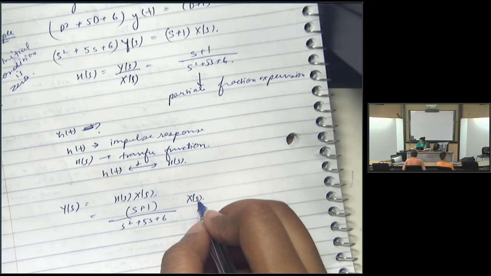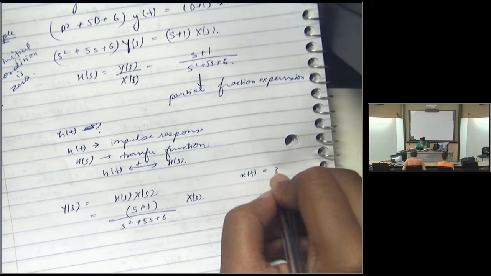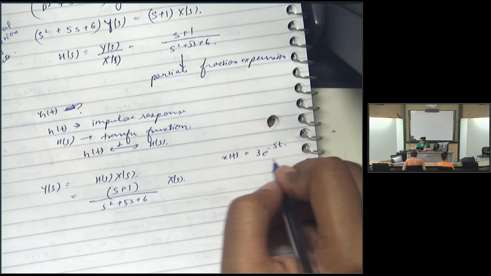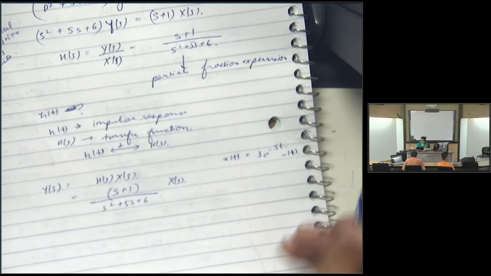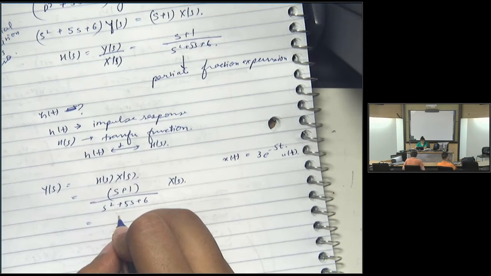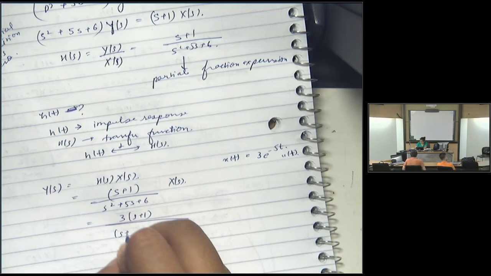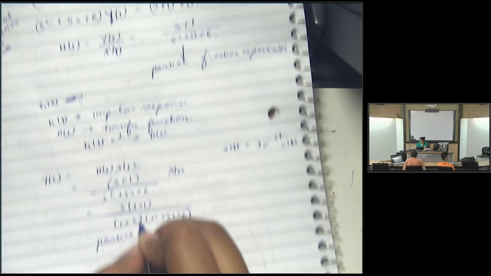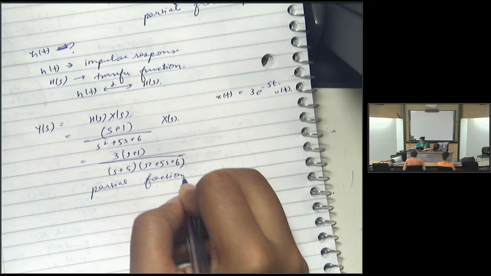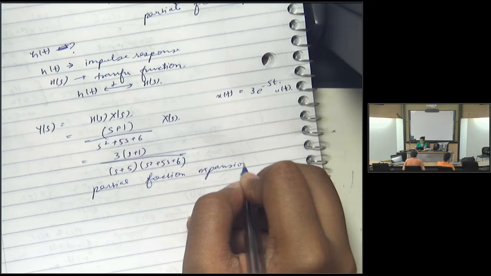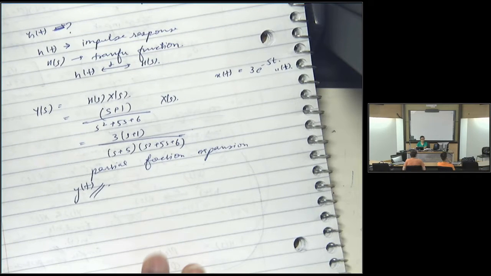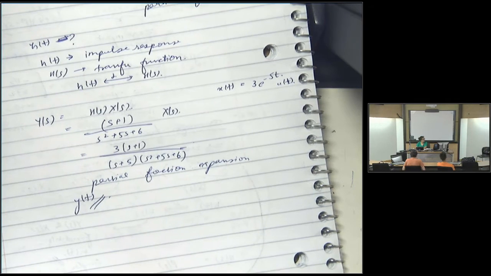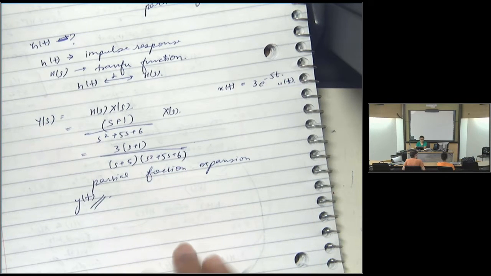If x of t is given to be, let's say, 3 e raised to minus 5t u of t, then my y of s becomes 3(s plus 1) over (s plus 5)(s square plus 5s plus 6). Do a partial fraction expansion and then you'll have your y of t. After partial fraction expansion, you take your inverse Laplace transform.